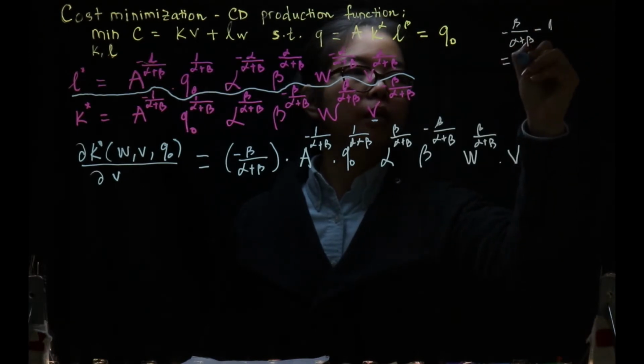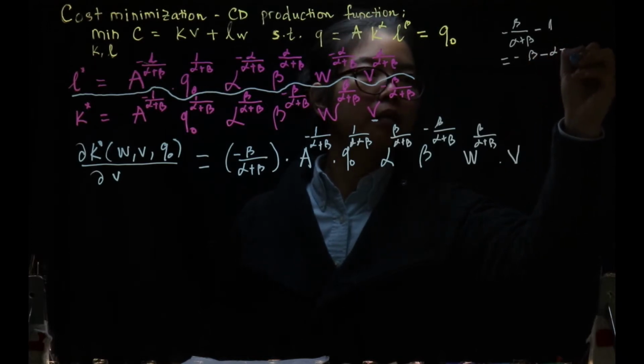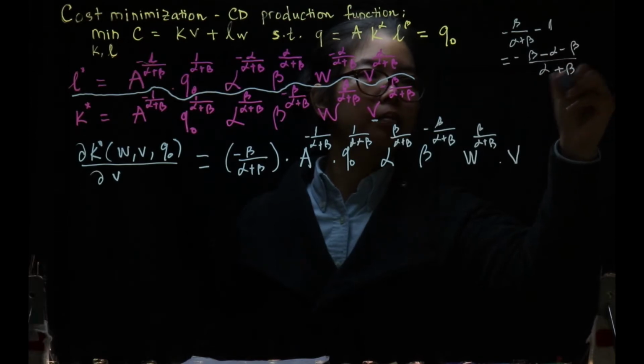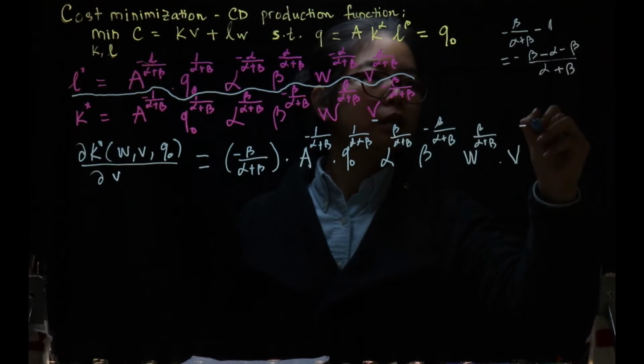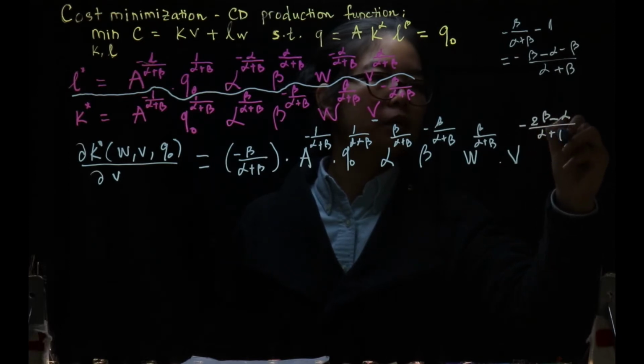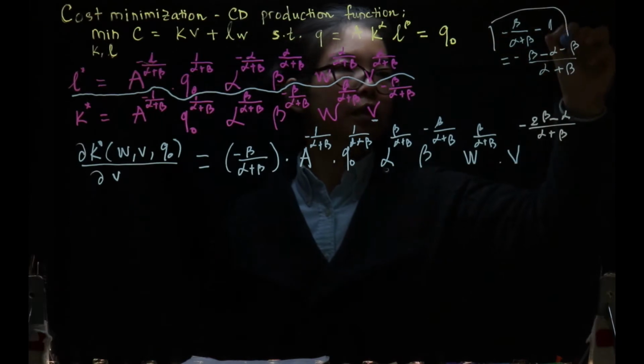That would be minus beta minus alpha minus beta over alpha plus beta, so that is minus 2 beta minus alpha over alpha plus beta. Or you can also simply write this.